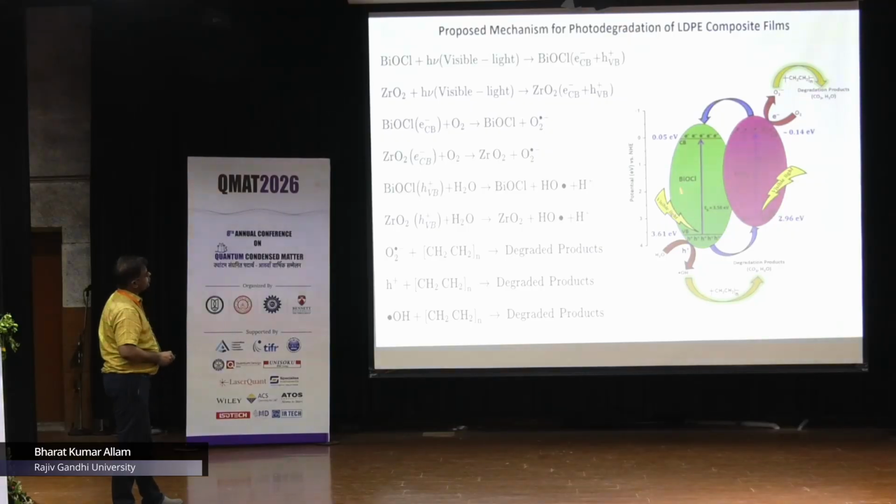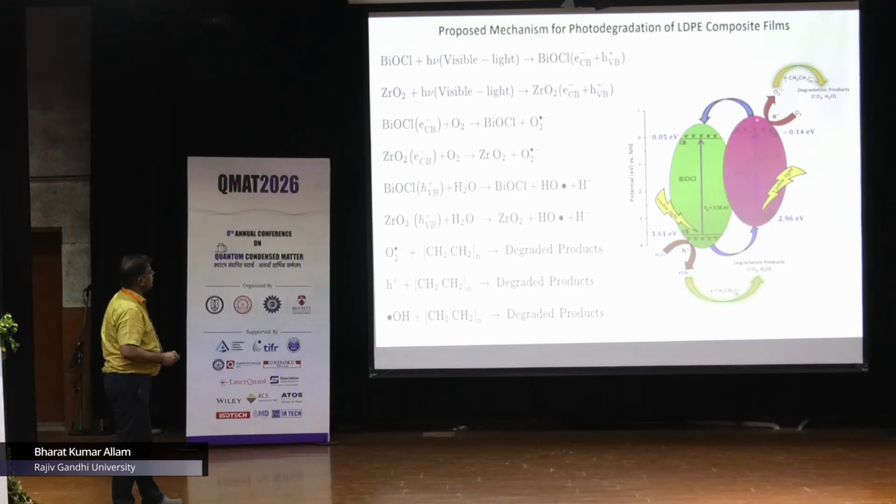So we have the bismuth oxychloride and the zirconium oxide. After visible light absorption, the electrons from the valence band go to the conduction band and leave holes. These electrons absorb the oxygen, so the electrons facilitate the formation of superoxide radicals from the oxygen.